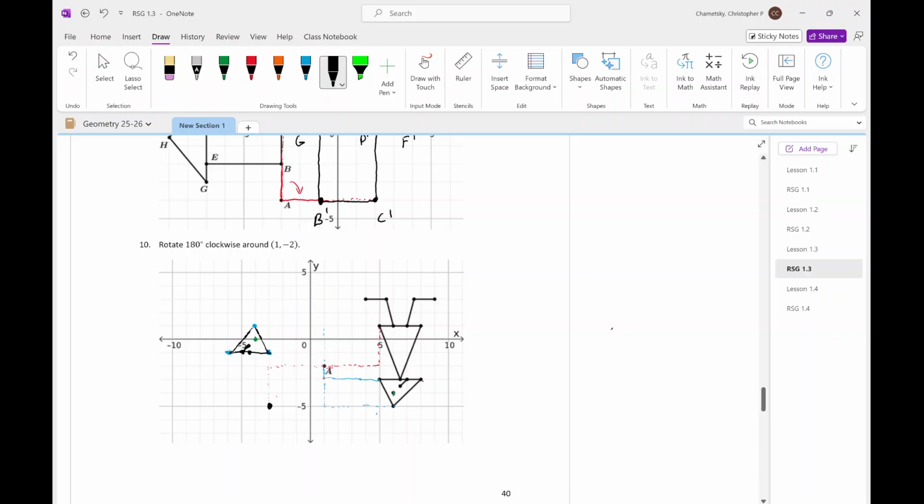That's where that point moves, 180 degrees. And then spaced from that, there's going to be 1, 2, 3. There's the triangle of the body.